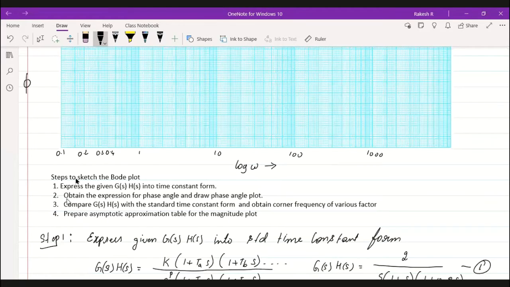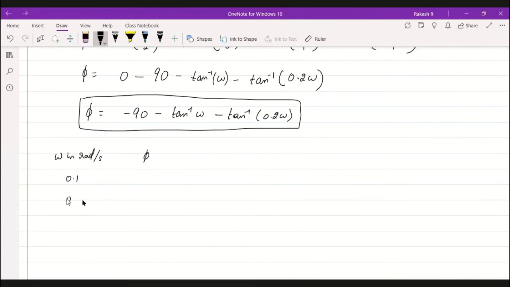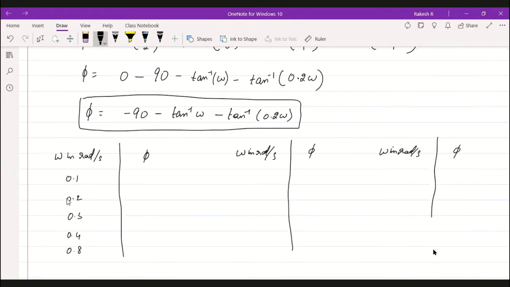So I'll take 0.1, 0.2, 0.3, 0.4, 0.8 and 1. I'll continue here with omega in radians per second and phase angle phi. So I have made 2 columns here, omega in radians per second and phi.